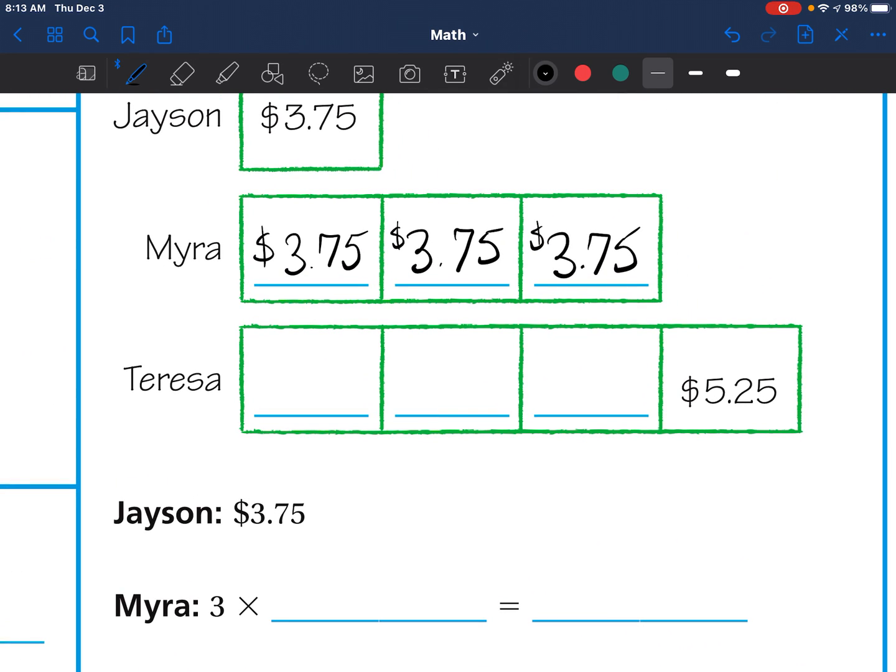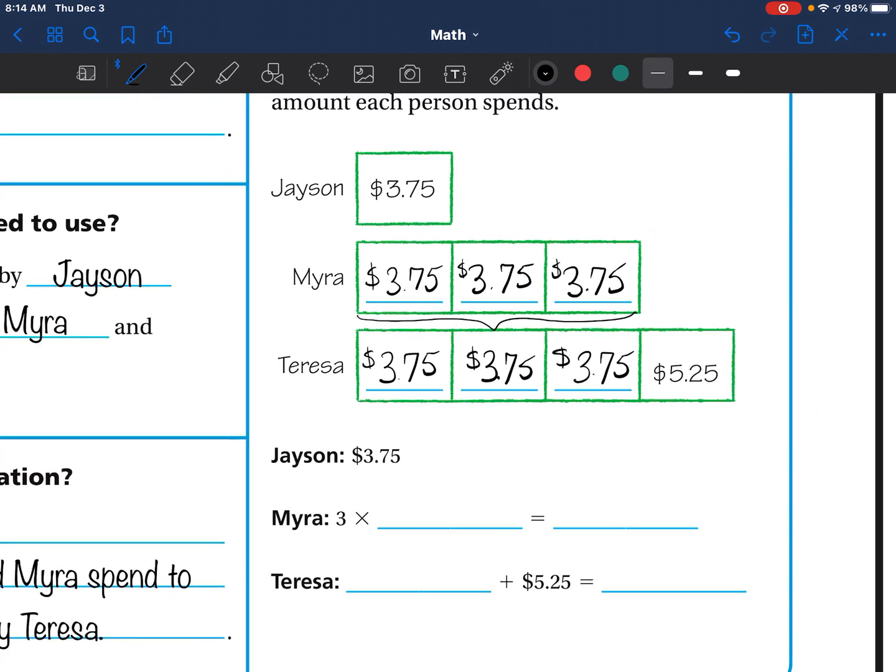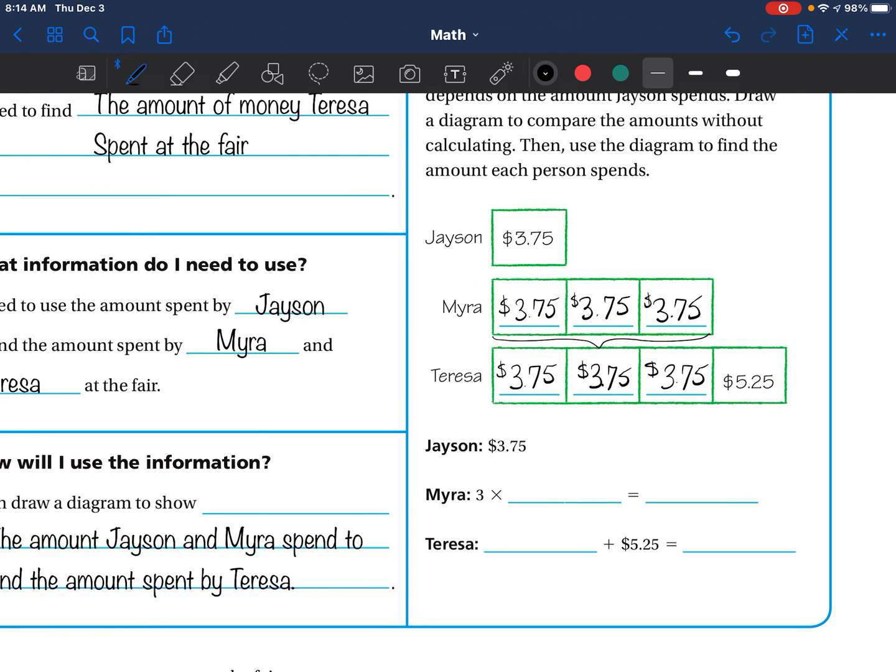So we write down this part here because that's the same amount that Myra spends. But at the end, you'll notice it has also $5.25 because that is the additional amount that she adds. So we already know Jason's at $3.75. He doesn't change at all.